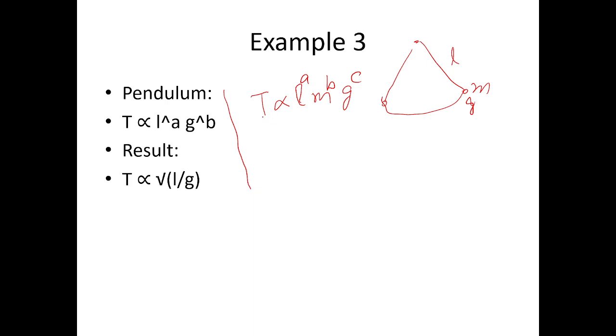So the dimension on the left is T. T is the time period, so that is time. So per time we take T, in brackets. Similarly, T is proportional to L^A, similarly M^B and G^C.